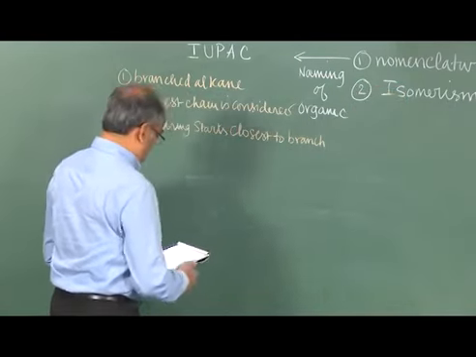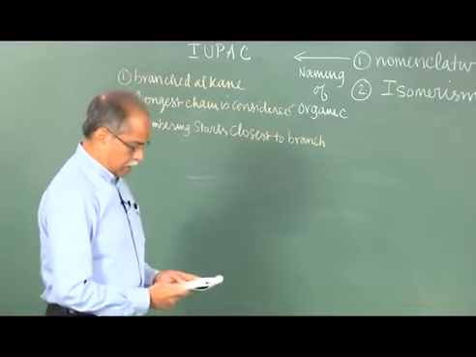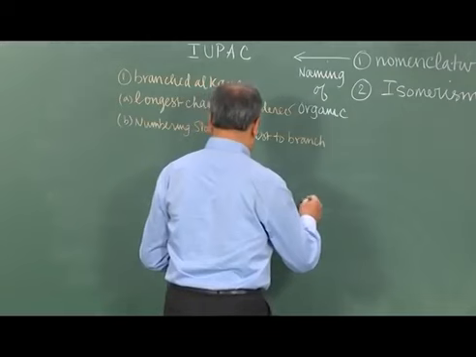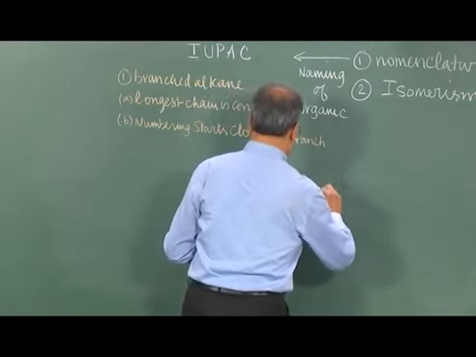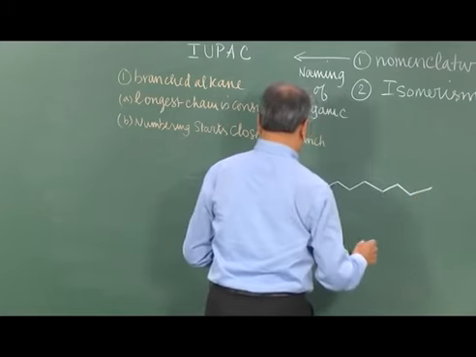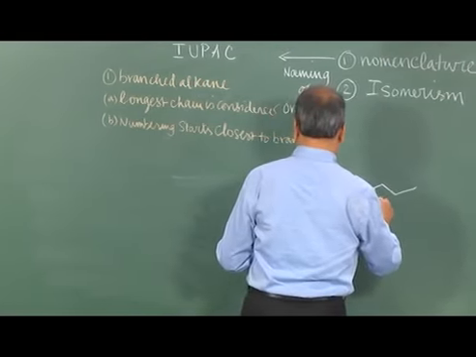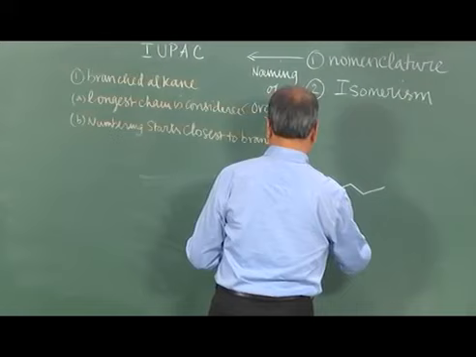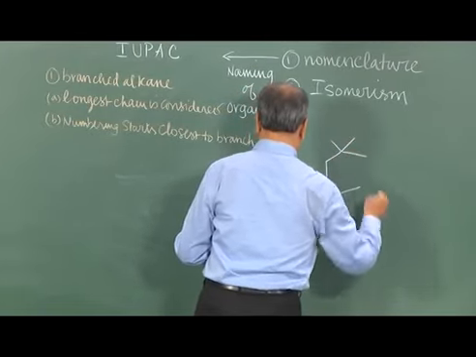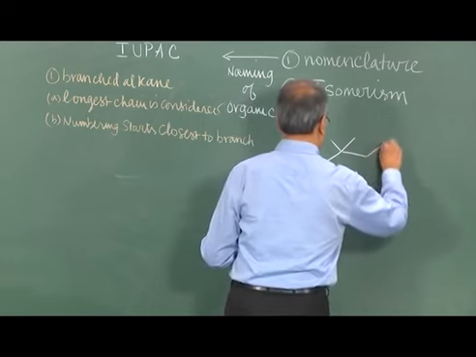Now, suppose 2 side chains of equal length are there, then you have to select the one with more branching. That is illustrated by this particular example. Let us, for example, take this molecule.